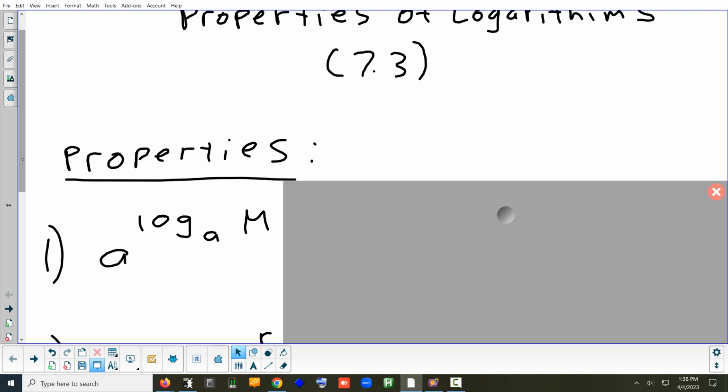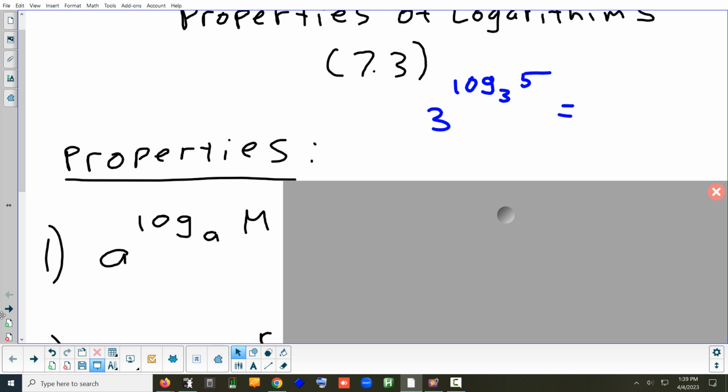If you have any question about what's an exponent and what isn't, just let me know. But that's a to the power of log base a of m. Here's an example with numbers. 3 to the log base 3 of 5. When you have something that fits that pattern, the key is these two things have to match.